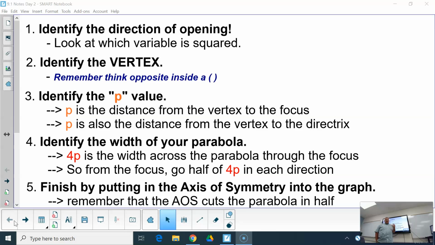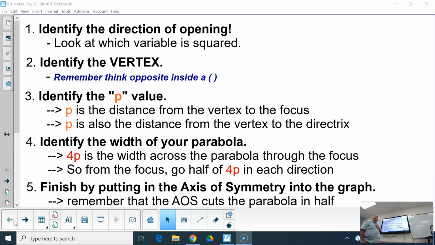So I take that, I divide it by 4, that gives me my p-value, which is the distance from the vertex to the focus. Focus is inside the parabola, so that would be in the direction of opening. And p is also the distance from the vertex to the directrix. That would be opposite the direction of opening.